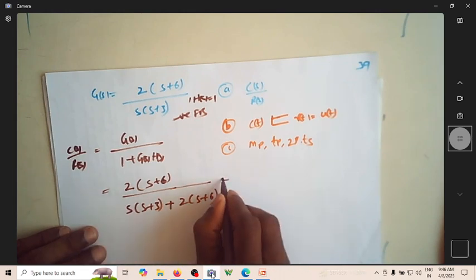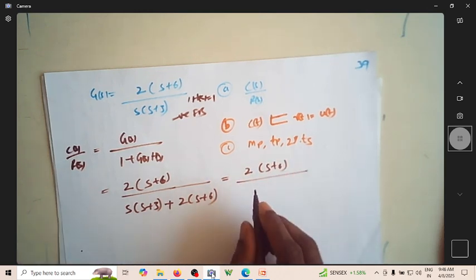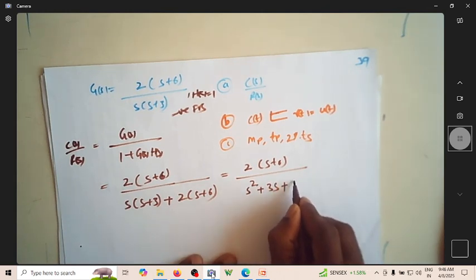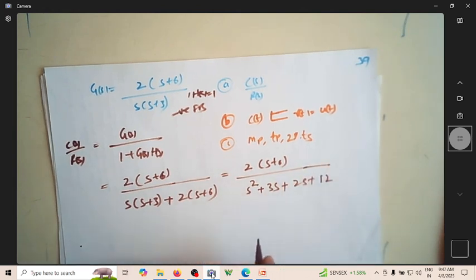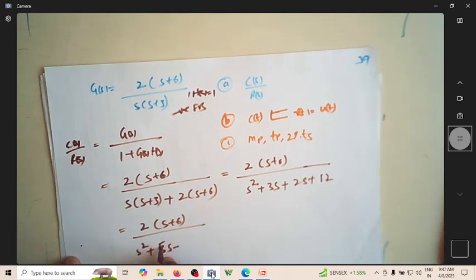Then the numerator is 2 into s plus 6, and in the denominator it will be s square plus 3s plus 2s plus 12. So this comes out to be 2 into s plus 6 divided by s square plus 5s plus 12. This is my C of s by R of s.